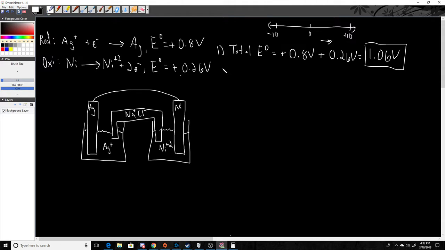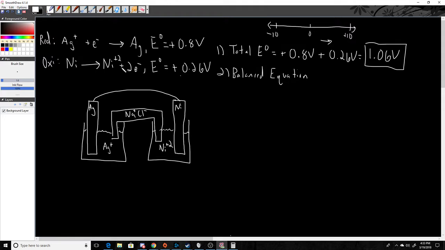The second thing we need is a balanced equation. Now to do this, I'm simply looking at these two things here. My silver is taking 1 electron, my nickel is giving away 2 electrons.